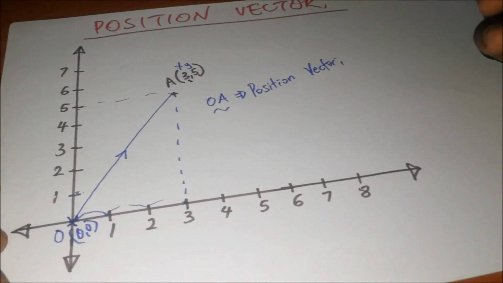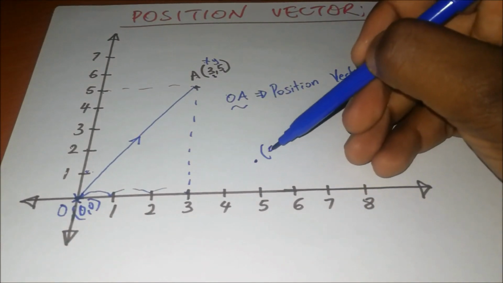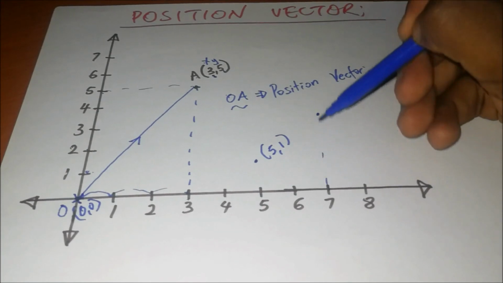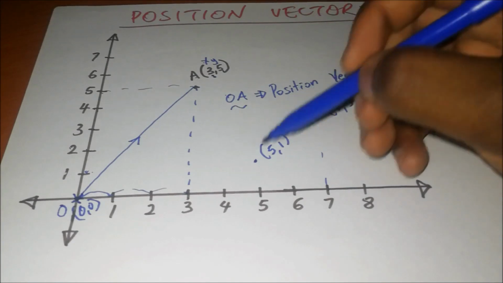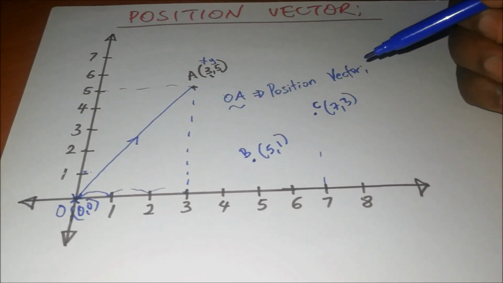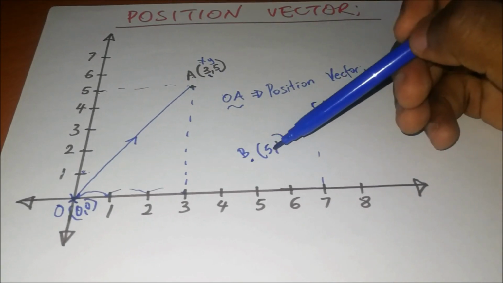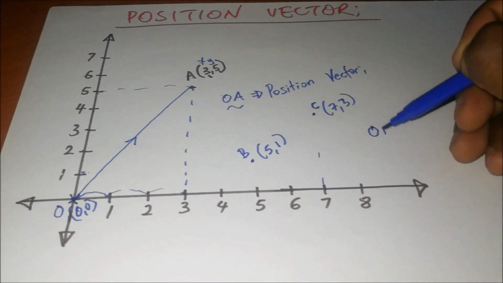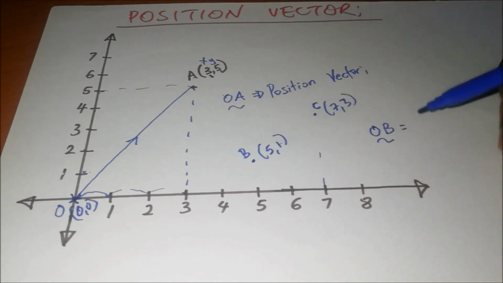For example, if I told you that we have this coordinate, let's say this is coordinate 5, 1, and this is coordinate, let's say this is 7, 3. This is coordinate B, this is coordinate C. And I asked you to find the position vector of point B. The position vector of point B is denoted as OB, and it's given in column form as 5, 1.